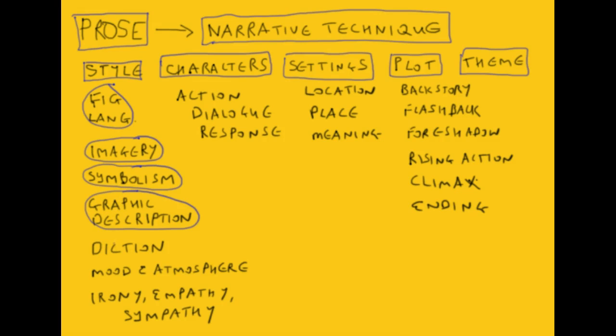So when the author of the passage that you're looking at is using very vivid or powerful words, describing certain situations, but it isn't appealing to any of your senses, then you can say it's graphic description instead.